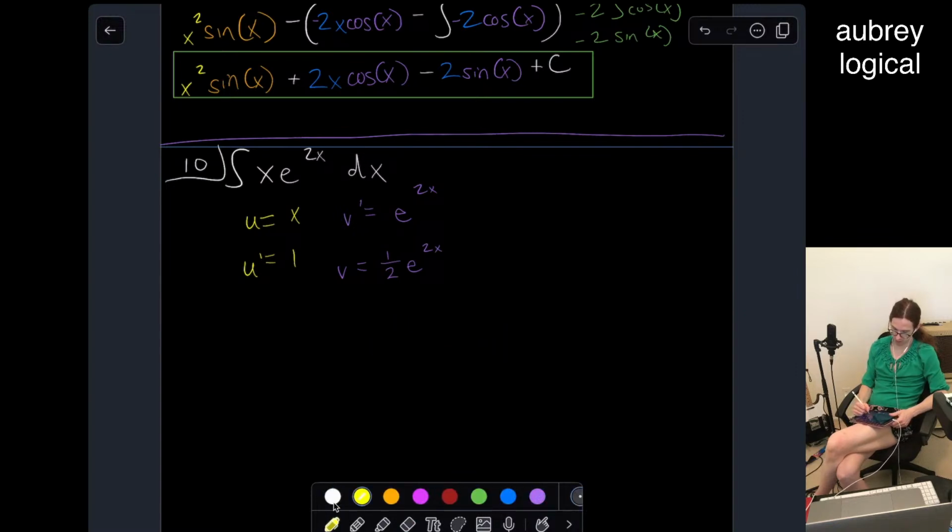Now we can go ahead and copy into our formula. Oh, I used the wrong colors again. Oh well. I don't think I'm going to need integration by parts twice this time.